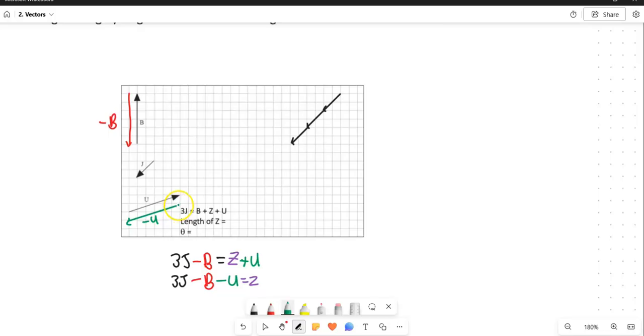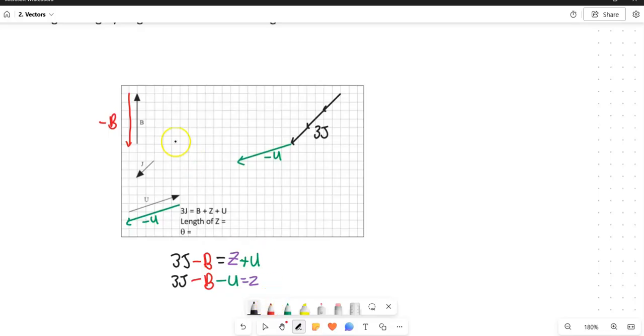So it looks like it's pointing 1, 2, 3, 4, 5, 6 to the left. So I'm going to take this 6 to the left. 1, 2, 3, 4, 5, 6. And then down 2. So this is the u vector, and this is the 3j vector. So that's the negative u vector.